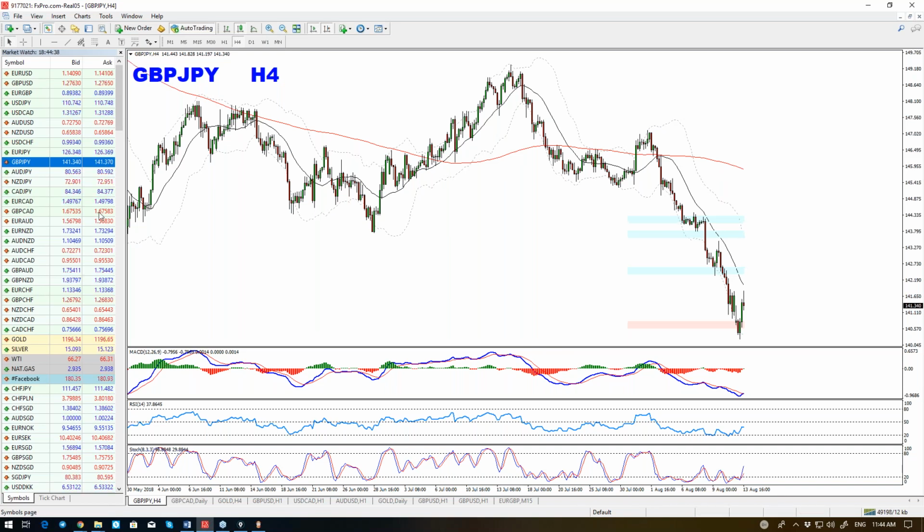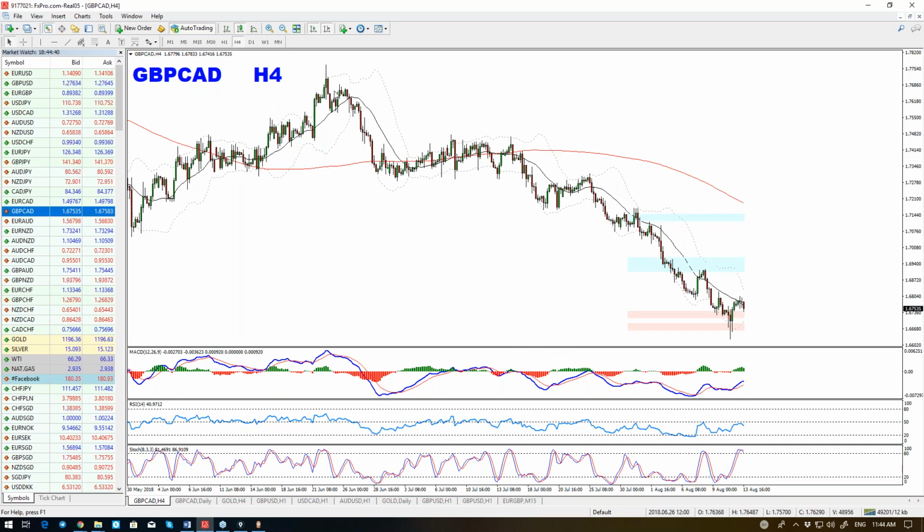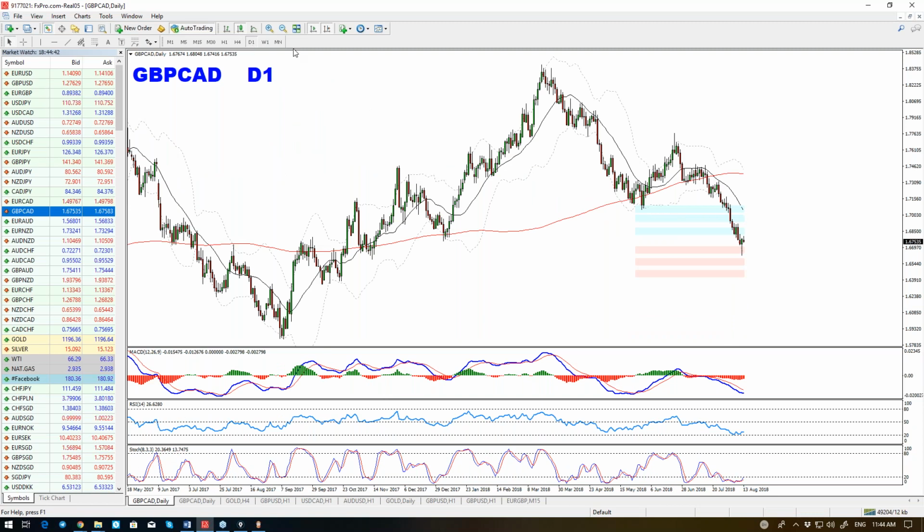The next one is pound versus the Canadian, and the way I see that is also get ready for a reversal. We are dancing around the 100, so in the next several days, weeks, I expect that to make the turnaround and prepare the buys.